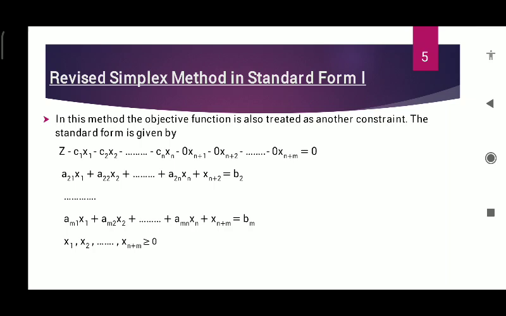The third equation is a21 x1 plus a22 x2 plus etc. plus a2n xn plus xn+2 etc. equal to b2, and so on, up to am1 x1 plus am2 x2 plus etc. plus amn xn plus xn+m equal to bm, for all x1, x2, etc., xn+m greater than or equal to 0.